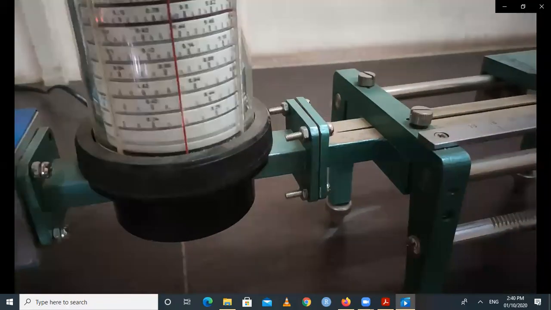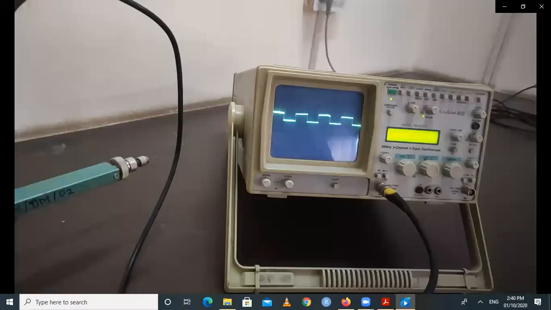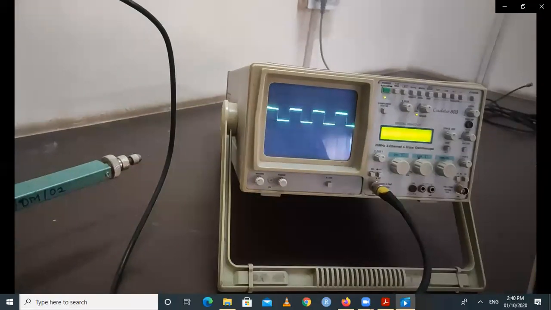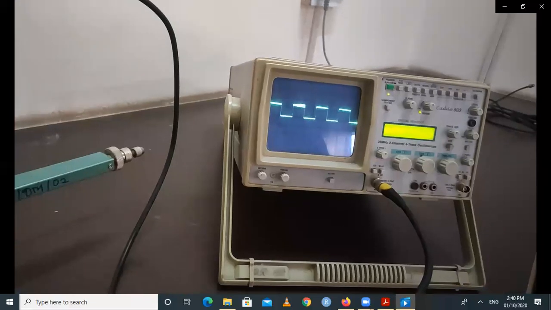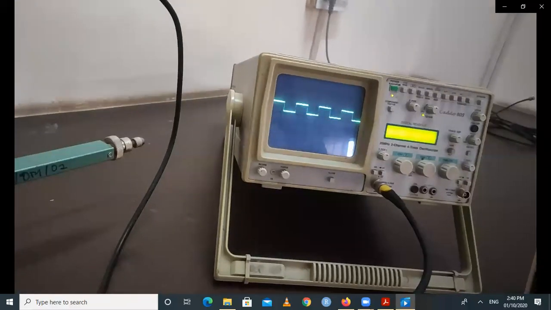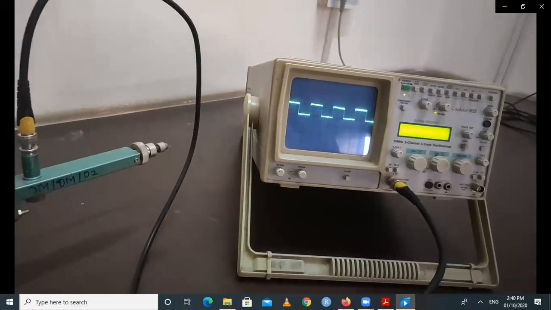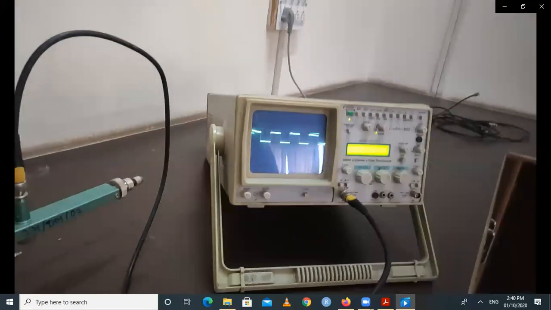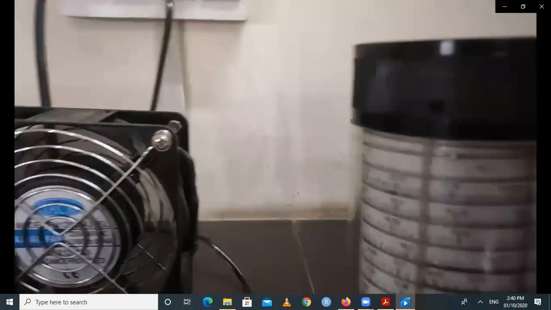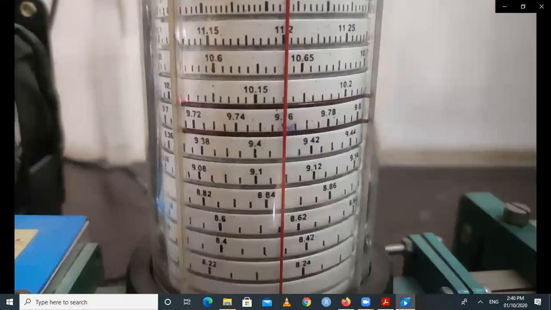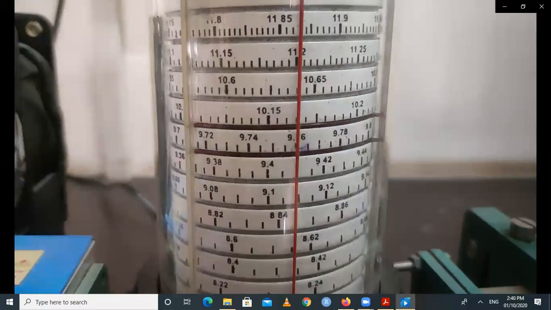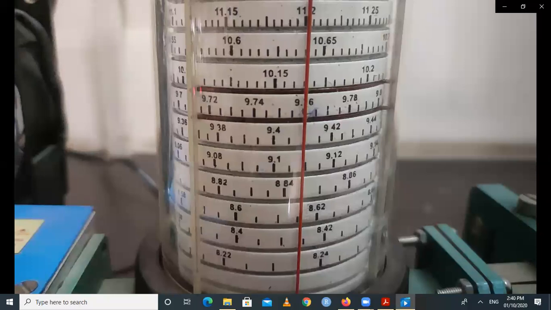See here, at this particular frequency there is a deflection in the waveform. See here, again I will show you. I rotate this, and at this particular frequency there is a deflection in the waveform on the CRO. So you have to note this frequency. So how to measure this frequency? For measurement of this frequency, again you have to match the vertical line and the bottom red line.